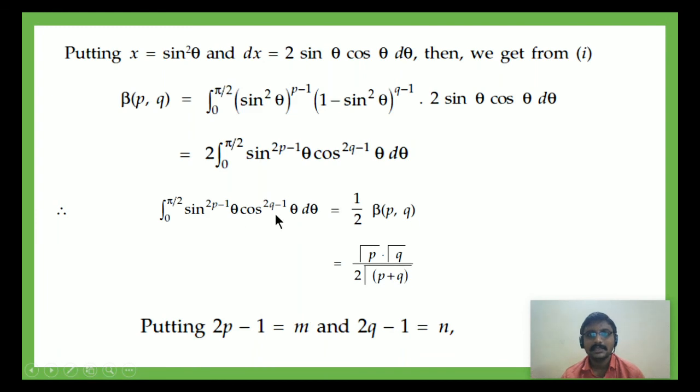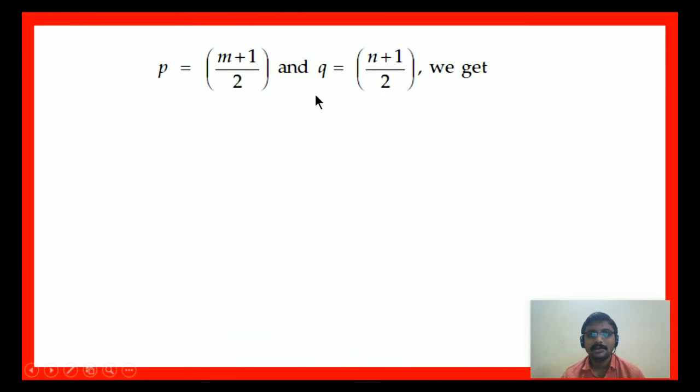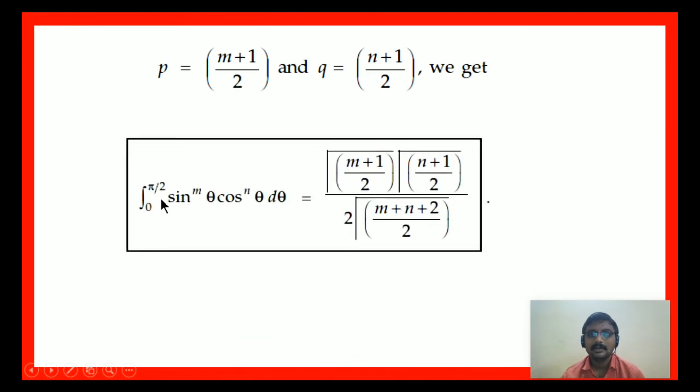Substituting these values, we get the integral from 0 to pi by 2 of sine power m theta cos power n theta d theta is gamma of m plus 1 by 2 into gamma of n plus 1 by 2 whole by 2 into gamma of m plus n plus 2 by 2. So an important formula, don't forget: the integral from 0 to pi by 2 of sine power m theta cos power n theta d theta is gamma of m plus 1 by 2 into gamma of n plus 1 by 2 whole upon 2 into gamma of m plus n plus 2 by 2.